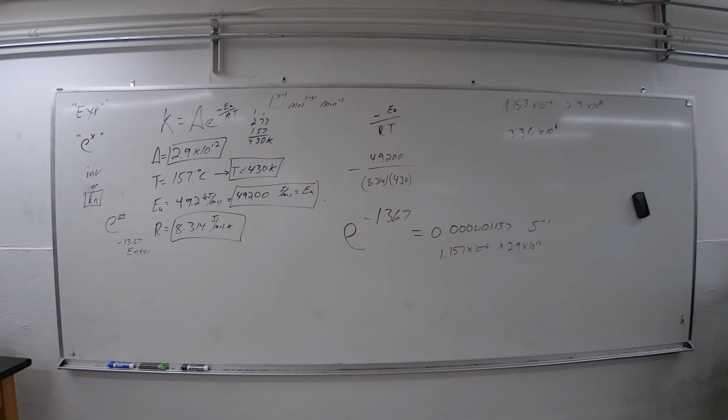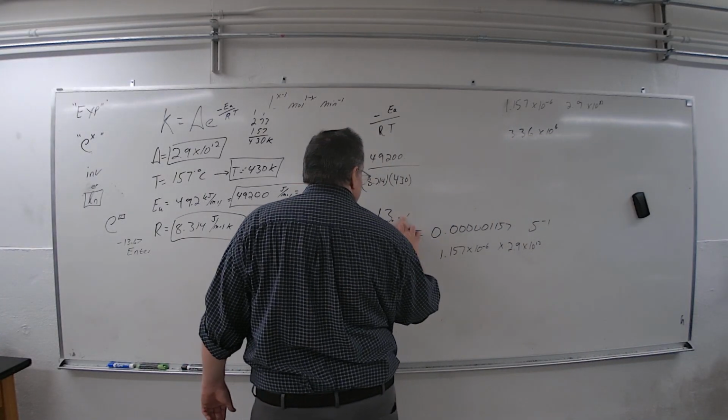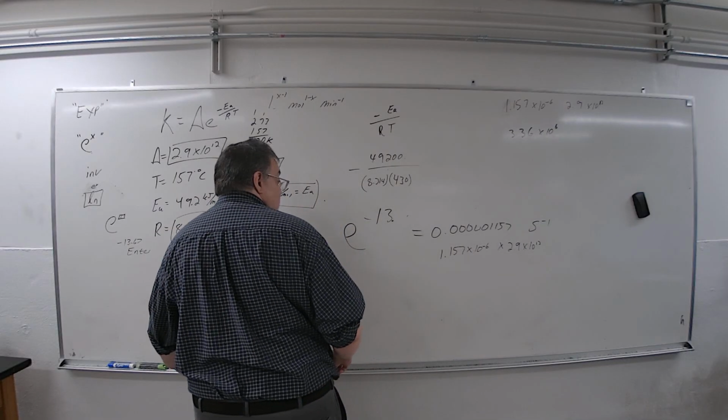I did negative 13.6. Oh, I transposed those numbers. That was 7, 6.